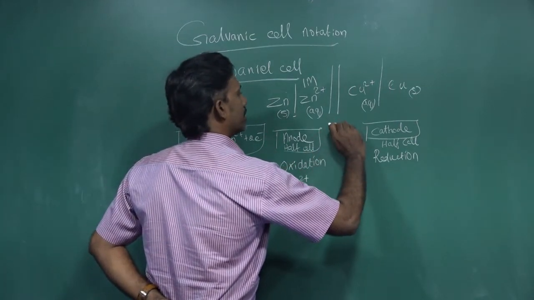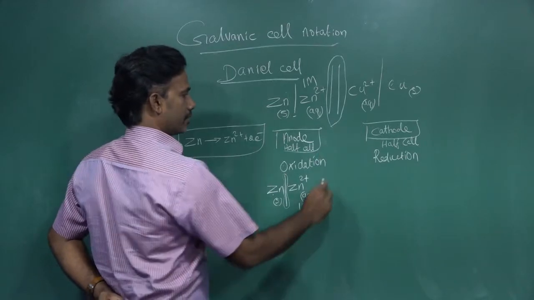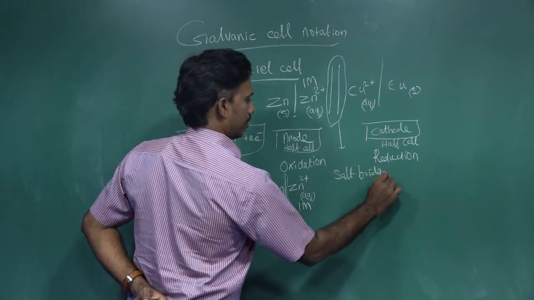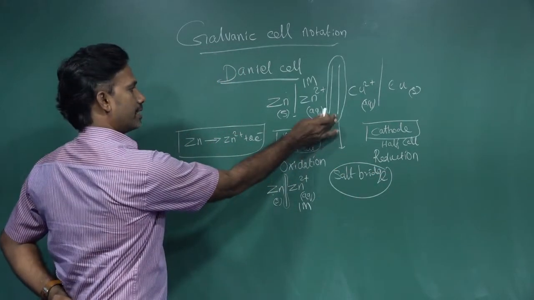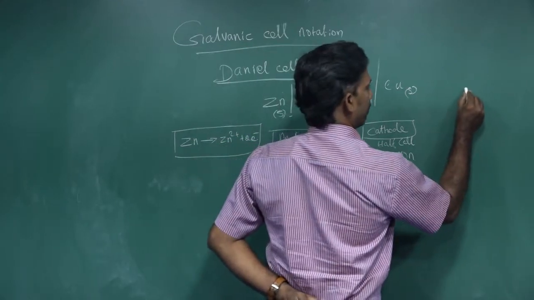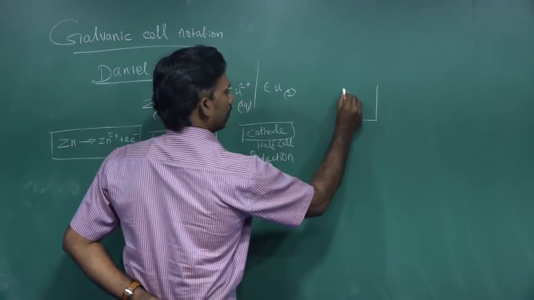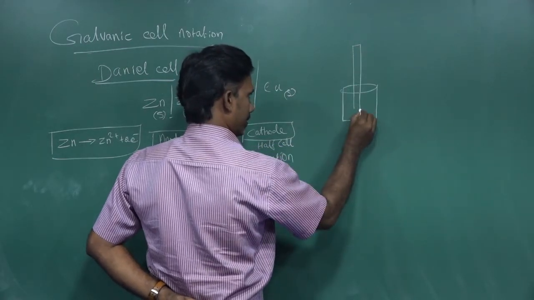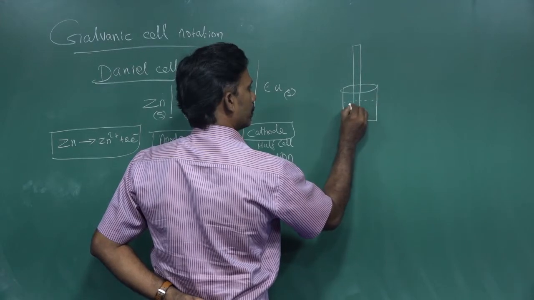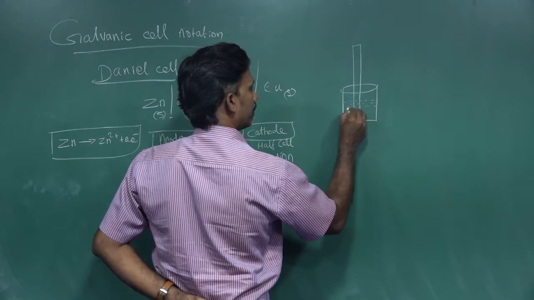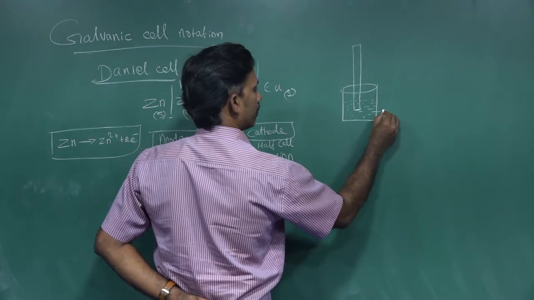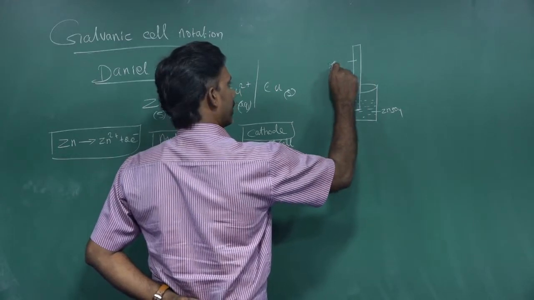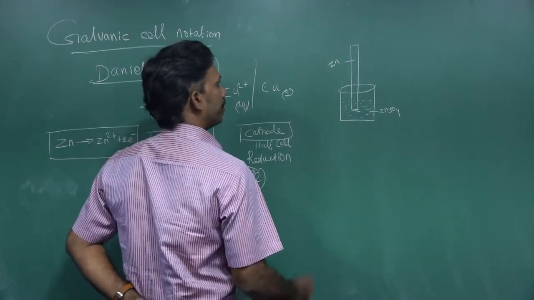Then the double vertical line. What is the double vertical line? It shows the salt bridge, which is for neutralizing. For example, if you draw a Daniel cell, this is the beaker line, this is the zinc rod in the electrolytic solution, ZnSO4, that is zinc in solid form.